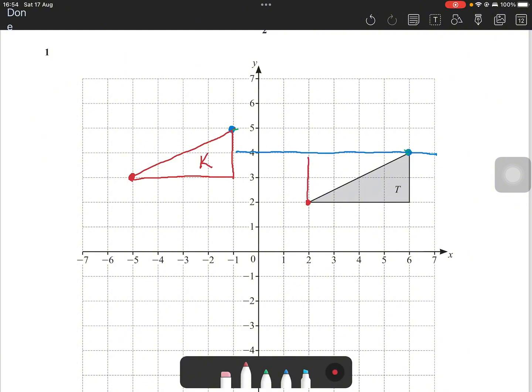This is 1, 2 units, so we continue to move up 1, 2 units, and the image will be here. So let's remove these lines. Similarly, this point is on the line y equals 4, so its image is also on this line. And we can draw the image like this.